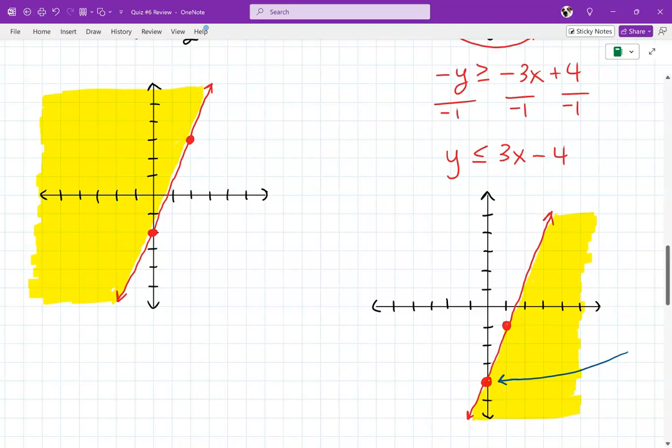That's what you look at. All these numbers right here are less than negative 4, so that's your below. All these numbers up here are greater than negative 4. That's why greater than would be coloring on that side. Those are the greater ones.